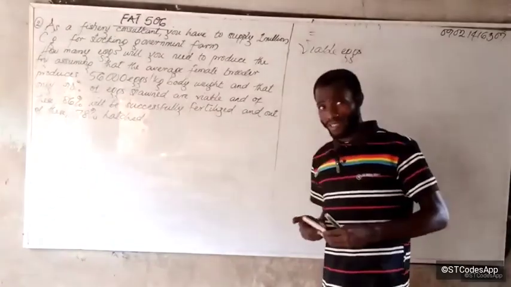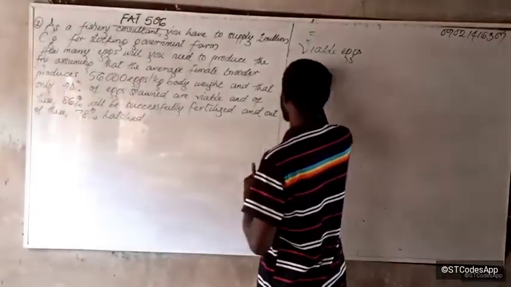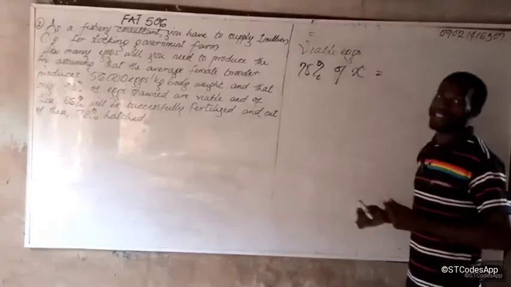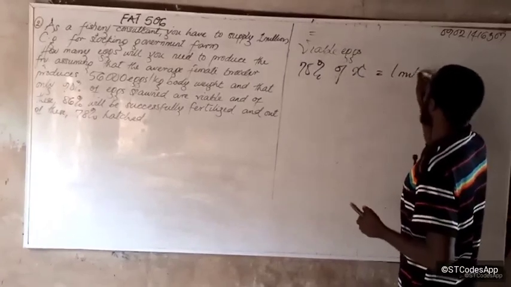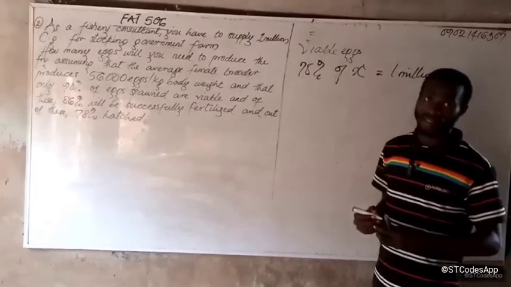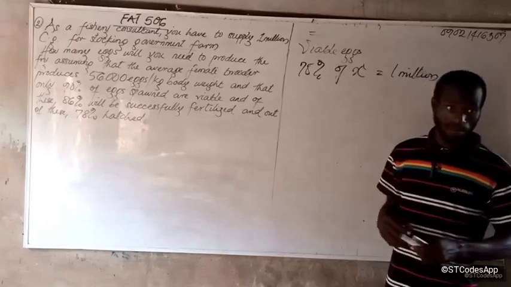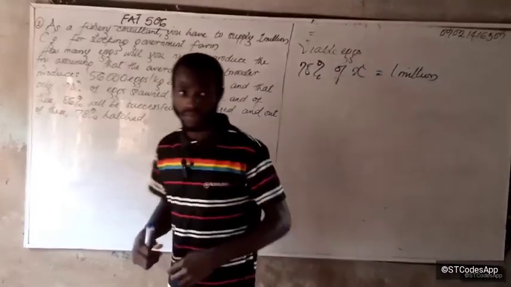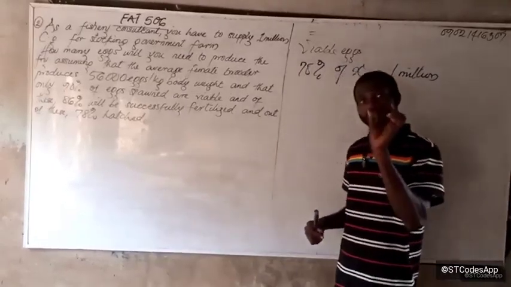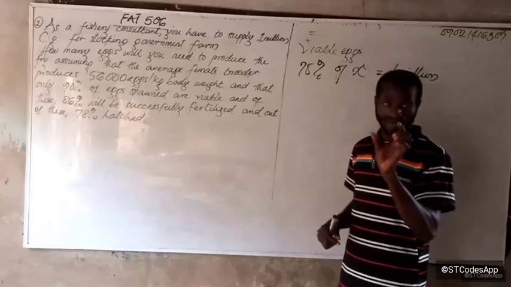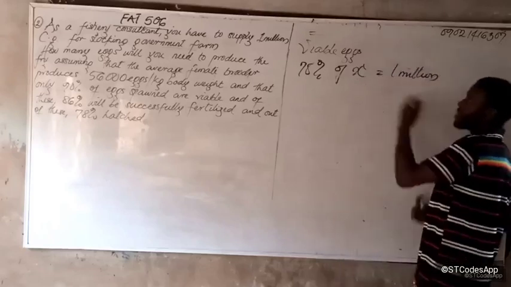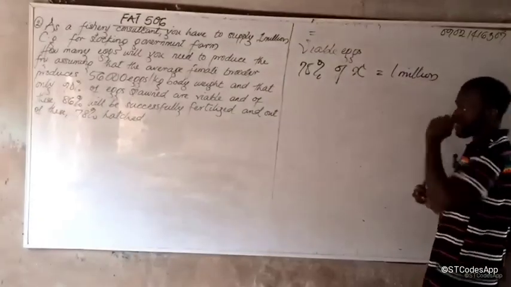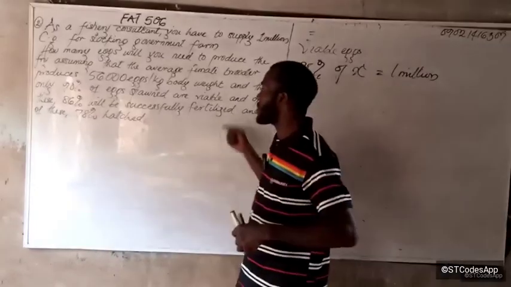So we are going to go backwards the same way. We are just saying that 78% of a particular amount of eggs hatched into 1 million Clarias fries. And that 78% is actually out of the amount that was fertilized.